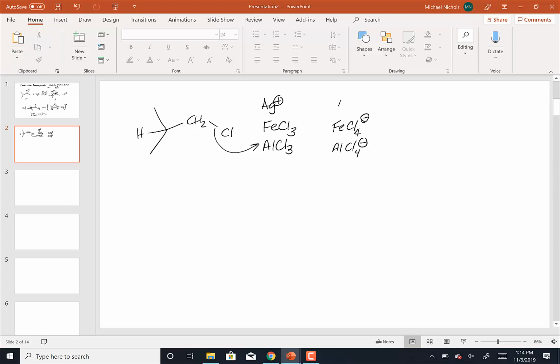And then, of course, up here we would just make AgCl, which would precipitate from solution. So there are ways to make carbocations. The aluminum and the iron are ways that we will learn next semester.